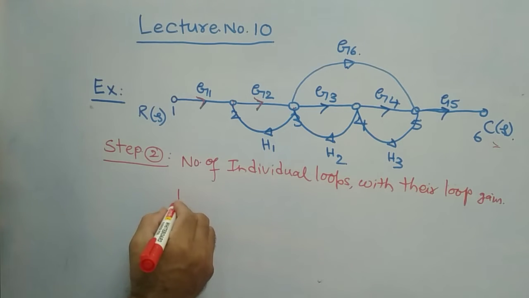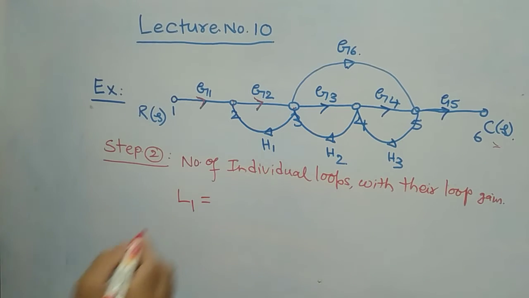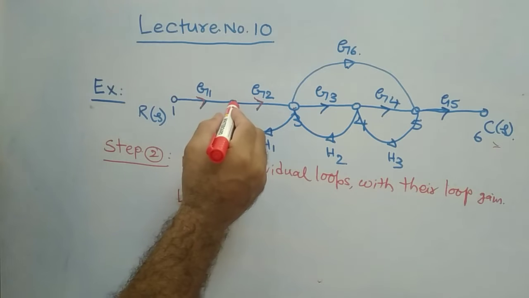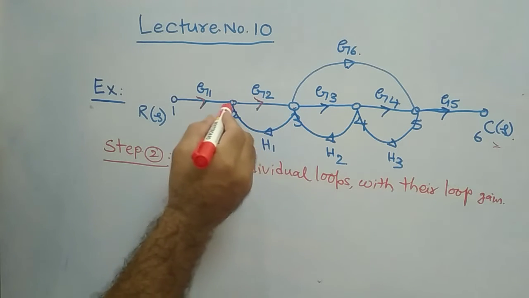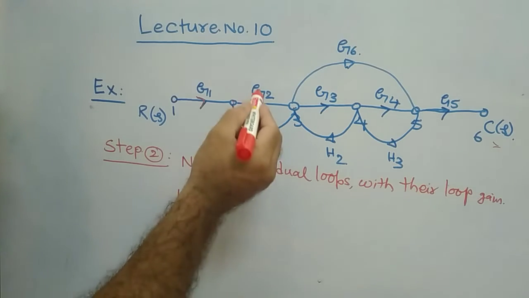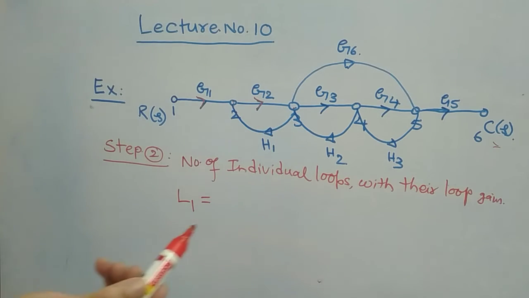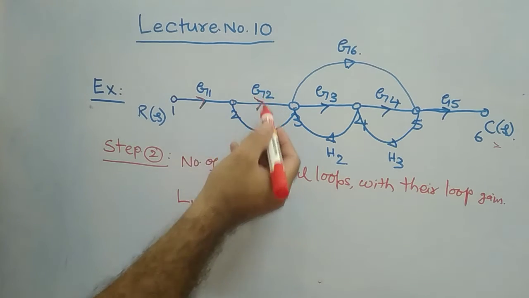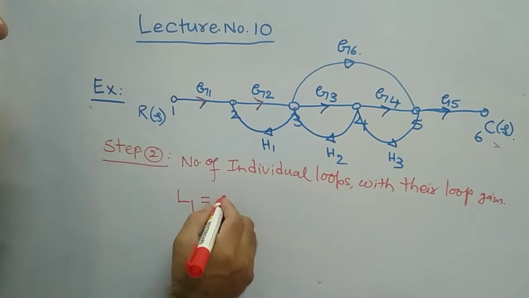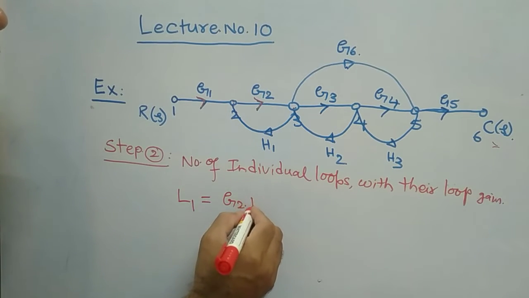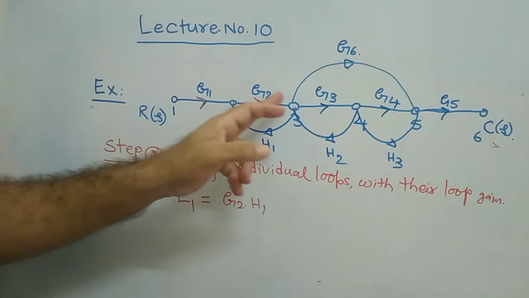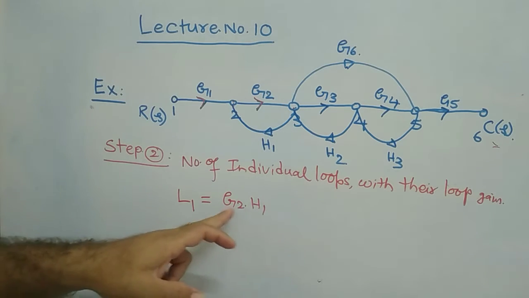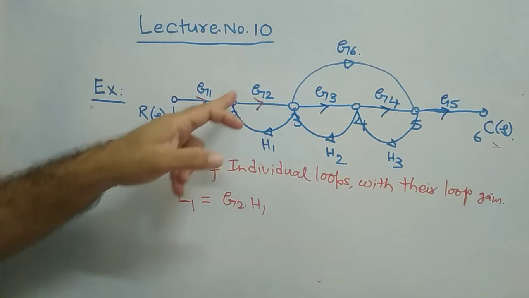That is L1, the first loop. What is the first loop? It is this one. Then what is the gain? The gains available on that path shall be multiplied. That is nothing but G2 multiplied by H1, G2 into H1. That is the loop gain for the first individual loop.